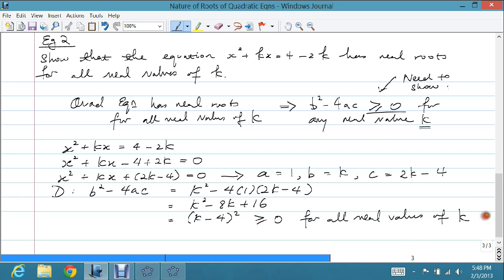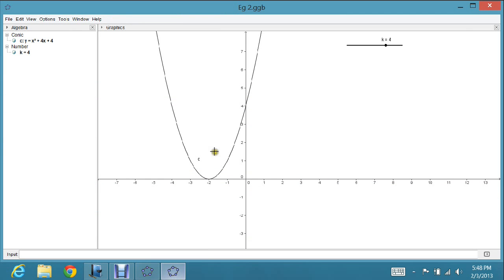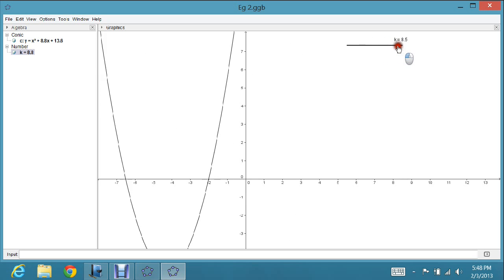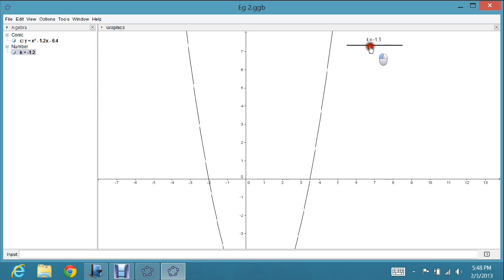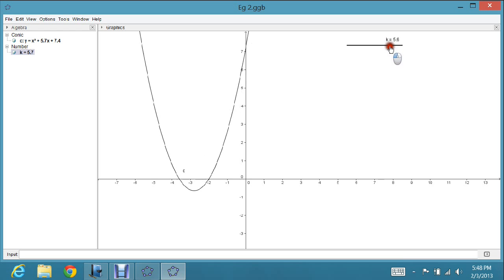So regardless of the value of k, the discriminant is bigger than or equal to 0, so shown. Let's look at the graph and see what's going on. I have this graph of the quadratic curve. When I vary the value of k, no matter how I increase or decrease it, the graph always cuts the axis at at least one point.